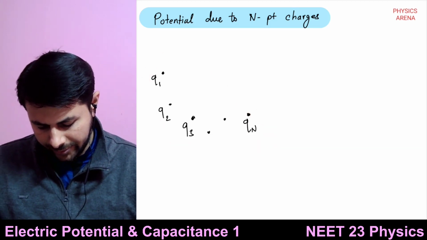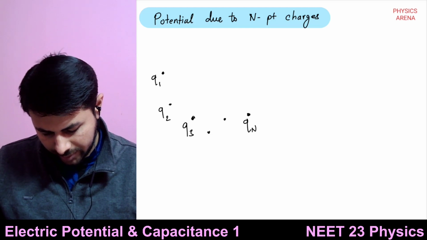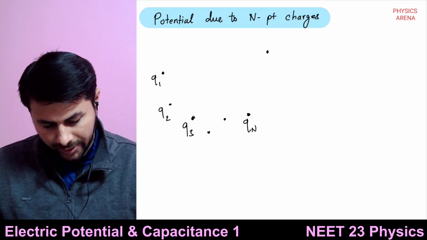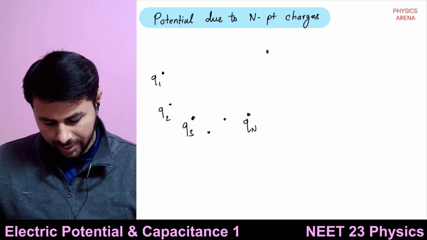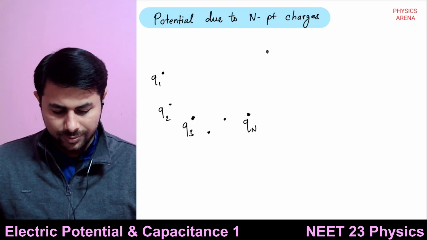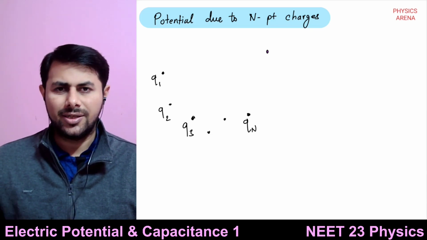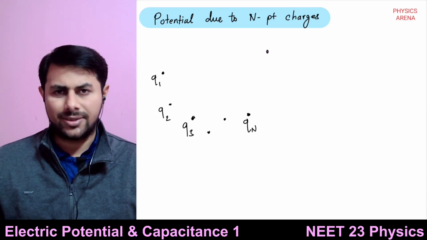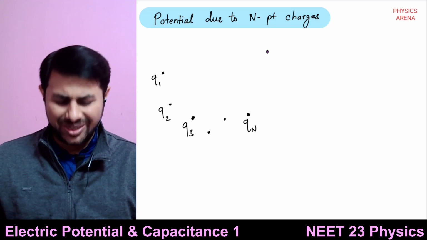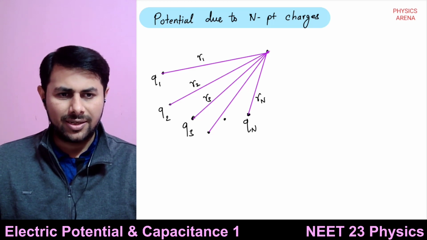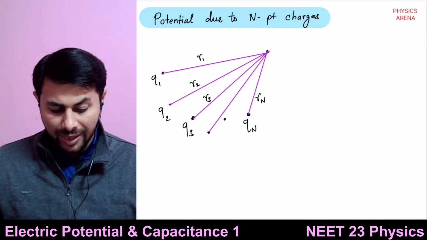Okay, so suppose this is the point. So what will we do? It will be just addition of potential due to all charges. Will it be scalar addition or vector addition? Scalar addition, right? Why?